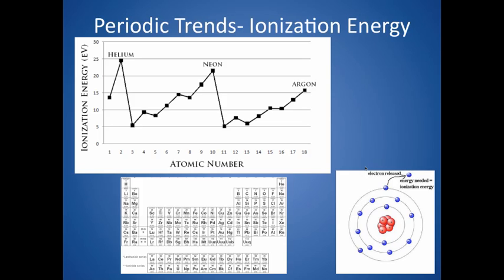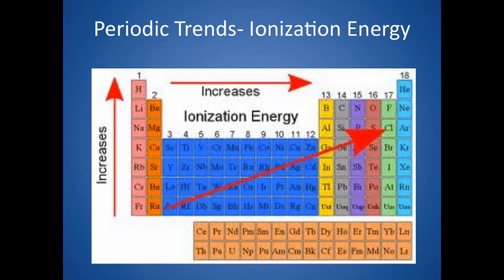But if there were more and more shells in between and the outer electron was up here somewhere, it's going to feel the pull of this nucleus a lot less strongly. Even though it might be close to its noble gas configuration, it's just going to feel it less than a smaller atom would.